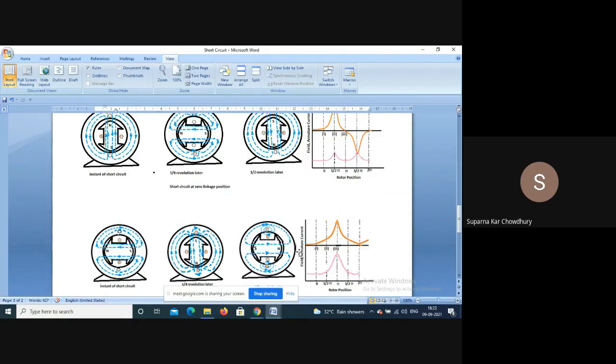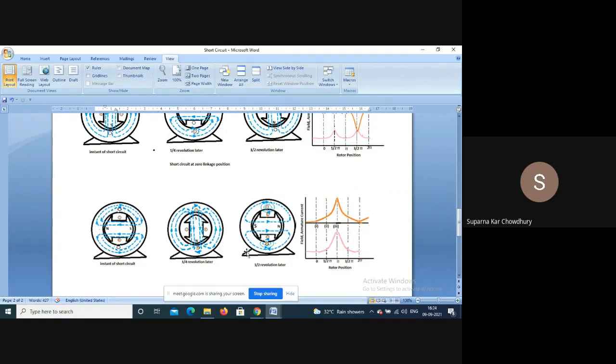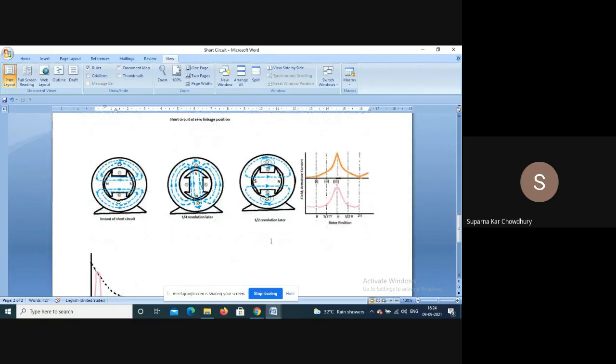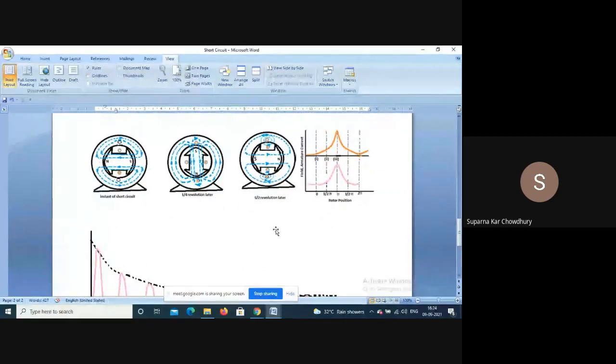So the field winding current will increase quite a lot more than this, so that it can keep its flux linkages constant. So this will be the form of the current flowing through the field. This happens for one or two cycles, then the thing damps down.